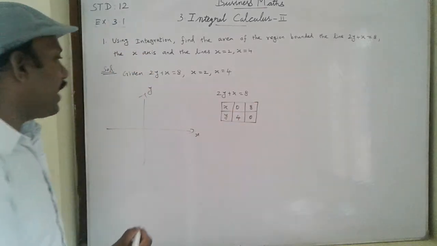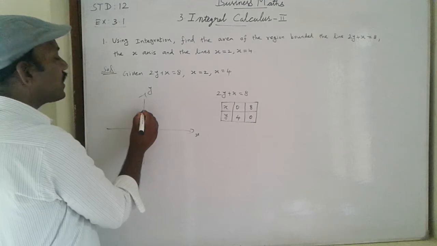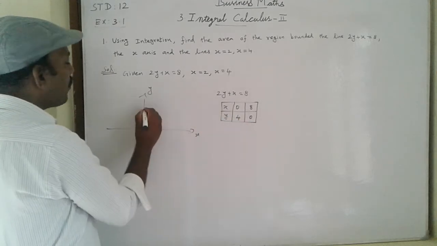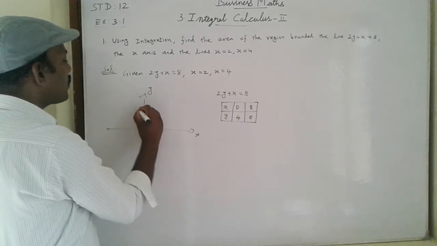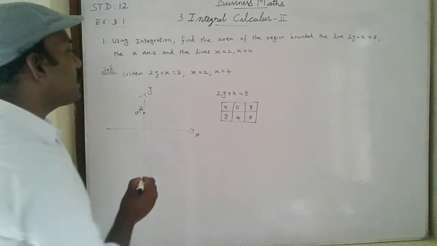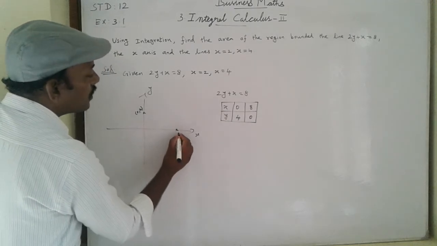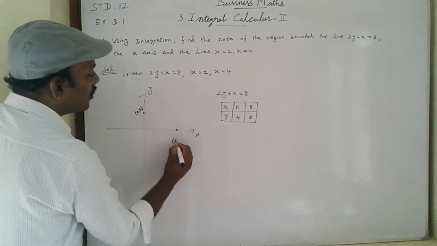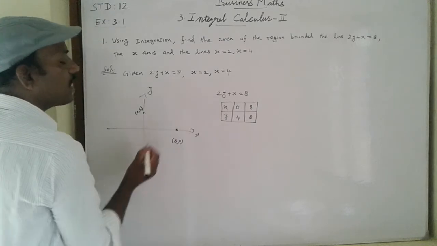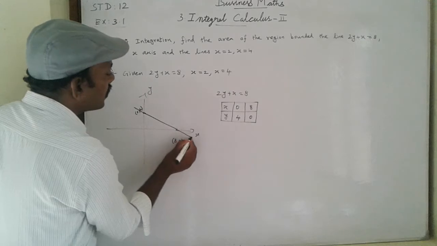First x 0 is on the y axis, so 0 comma 4 is approximately here. This is a point. Next 8 comma 0, this is on the x axis, y value 0. So we should draw a line. This is a straight line.